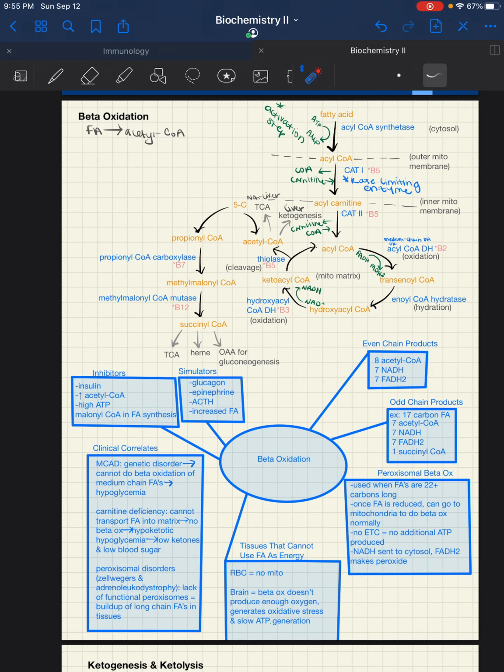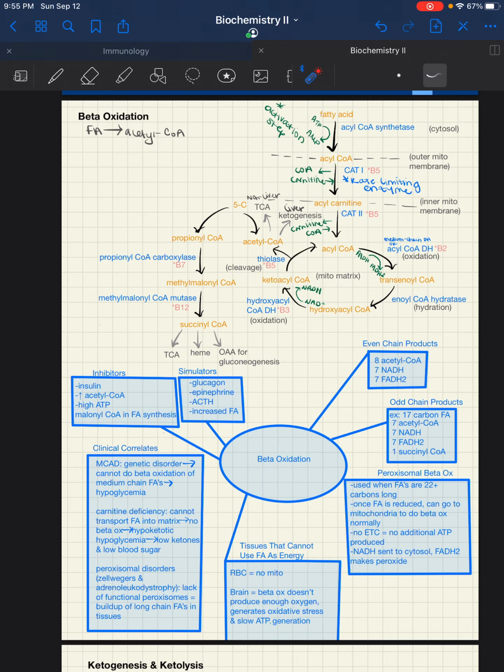So some of the tissues that don't do beta ox, which means they don't use fatty acids as energy, are red blood cells, because red blood cells don't have a mitochondria, so they only use glucose as their primary or only energy source for that matter.